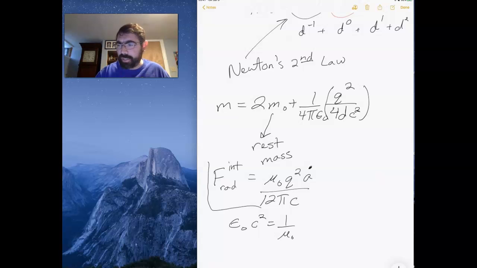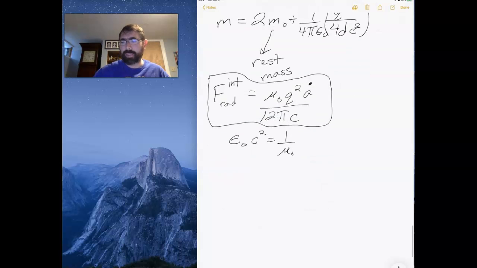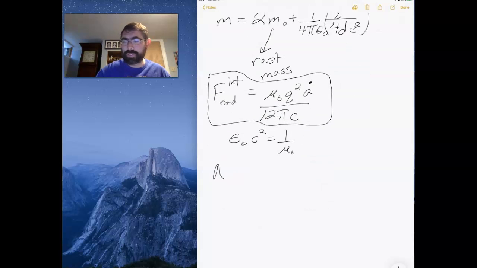But we now have an expression for the radiation term in this one particular toy model that we've created. So if you look at this, we are actually very close to the Abraham-Lorentz equation and we're only off by a factor of 2.